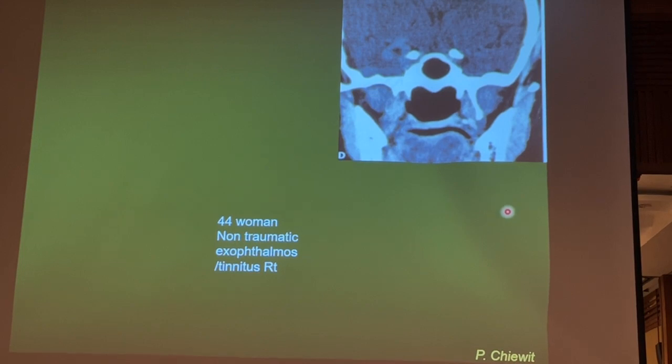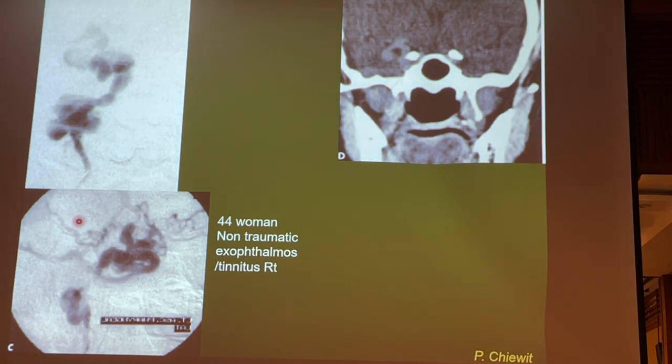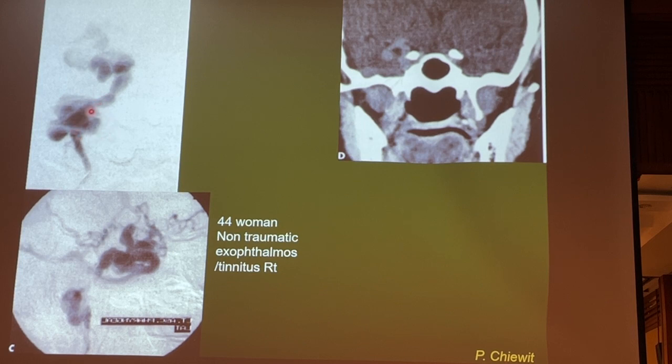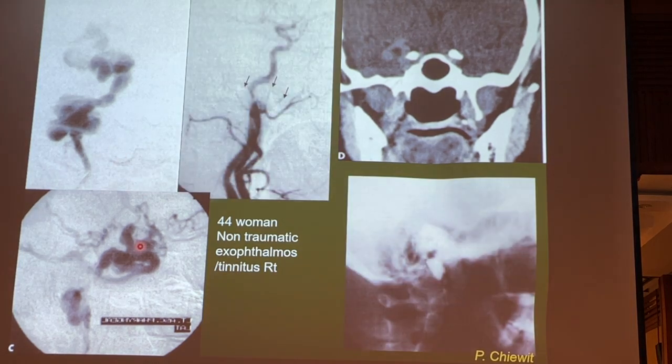This is non-traumatic exophthalmos and tinnitus presentation, and this is the ascending pharyngeal injection, already large, and it opened into the lobulated, large venous pouch, and opened up along the clival-petrosal route into this type of cavernous sinus, having a major pial venous reflux. And the team was able to put detachable balloons, I think 2 or 3, into this pouch, and were able to close up all the fistulas. And this is the control post-embolization.